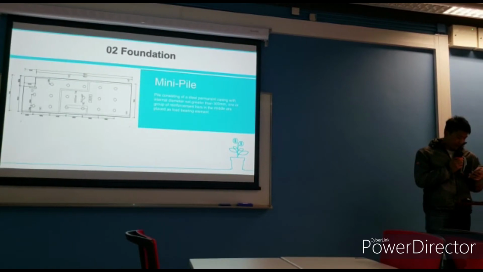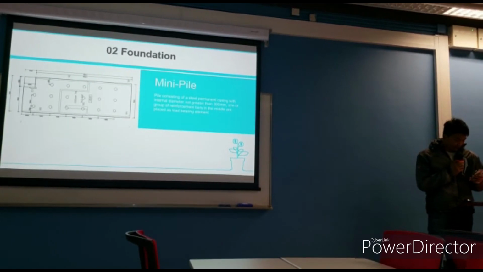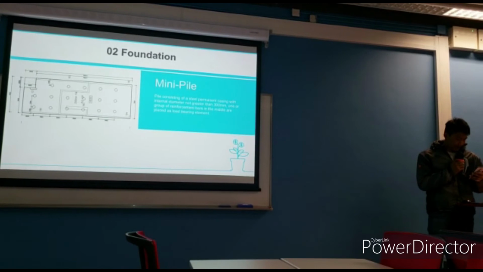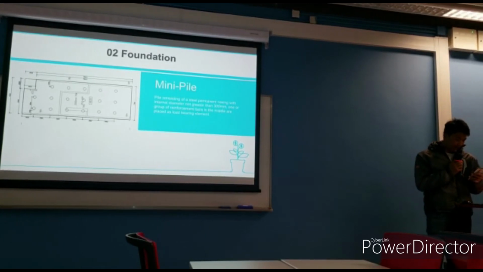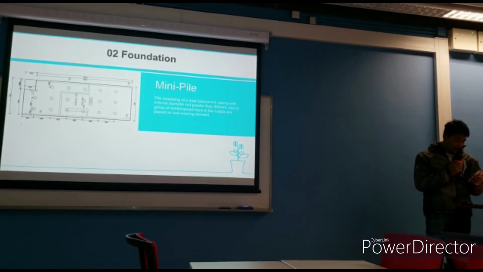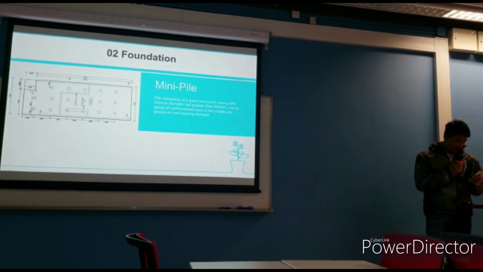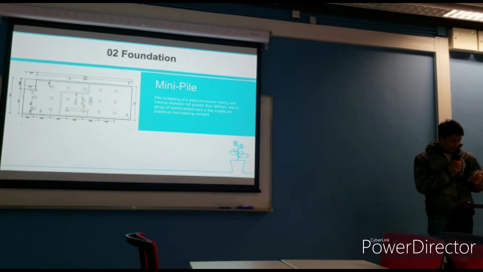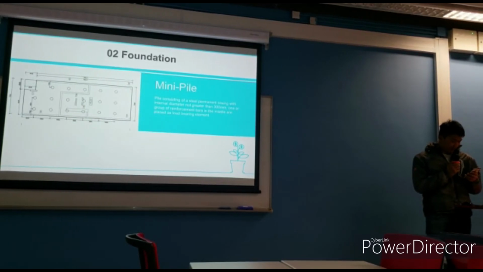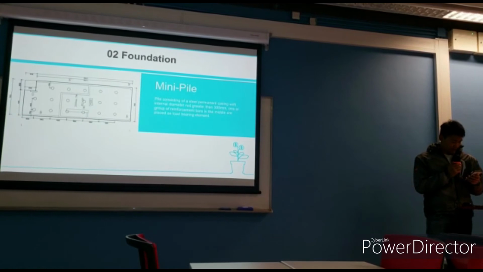By definition, a mini pile is a pile consisting of a steel permanent casing with internal diameter not greater than 300 mm. One or a group of reinforcement bars in the middle are placed as the load-bearing element. The gap in between will be filled with grout so that its rigidity can be improved. The core of the mini pile will usually be socketed into the rock to increase its ability to resist uplift.